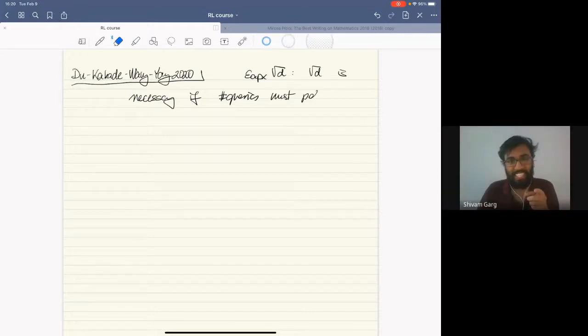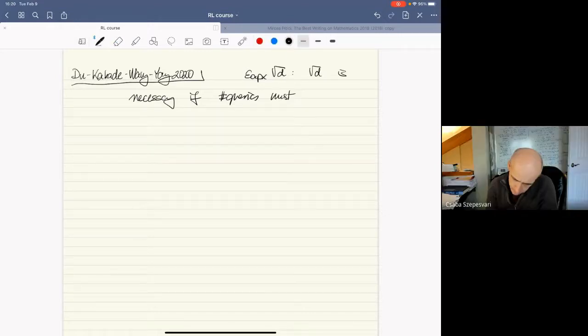Is that 2019? Well, it appeared in 19 and then was revised in 20.